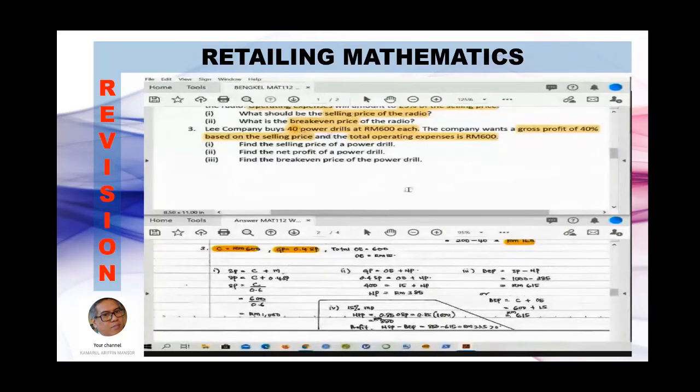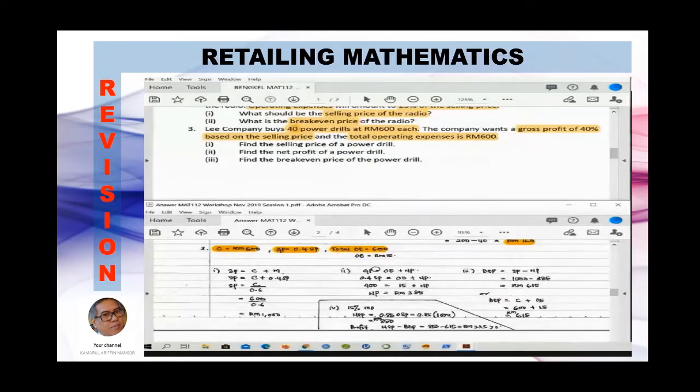So that means kalau total OE sama 600, untuk dapatkan operating expenses untuk satu power drill, so kita bahagikan dengan 40, kita akan dapat 15 ringgit each. Okay, so yang 15 ringgit ni OE ni adalah for each power drill.